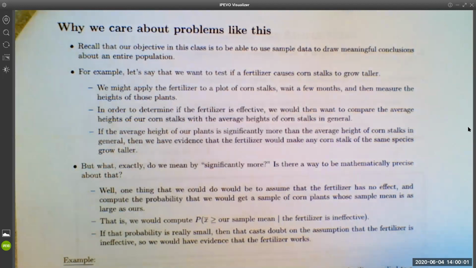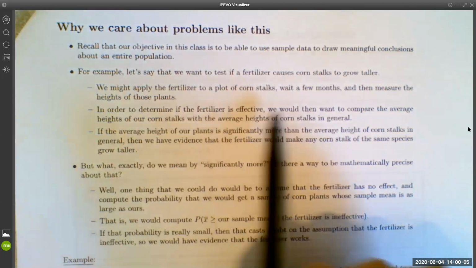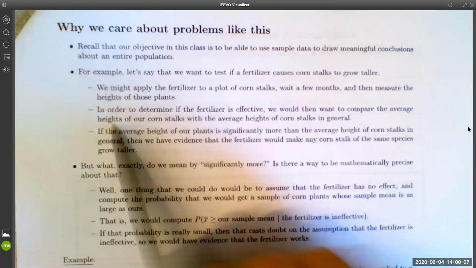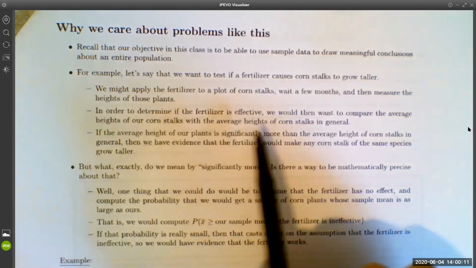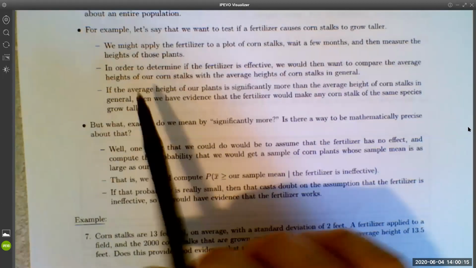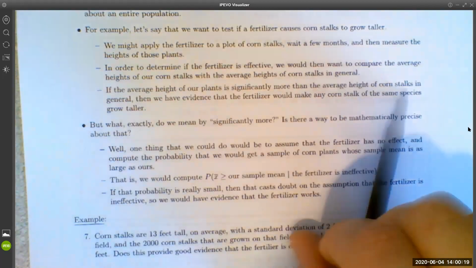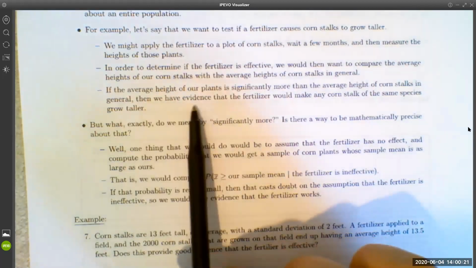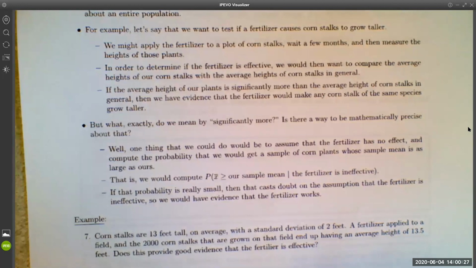Now, in order to determine if the fertilizer is effective, we would want to compare the average height of our fertilized corn stalks with the average height of corn stalks in general. And if the average height of our plants is significantly more than the average height of corn stalks in general, then we have evidence that the fertilizer would make any corn stalk of the same species grow taller, right?